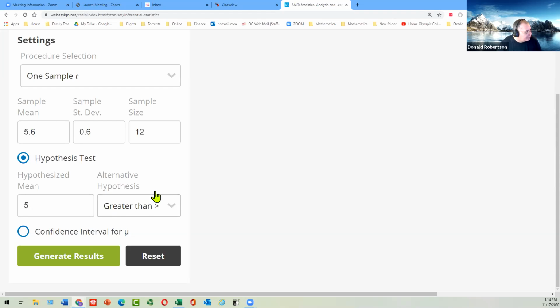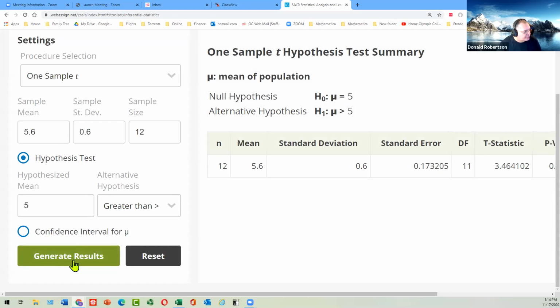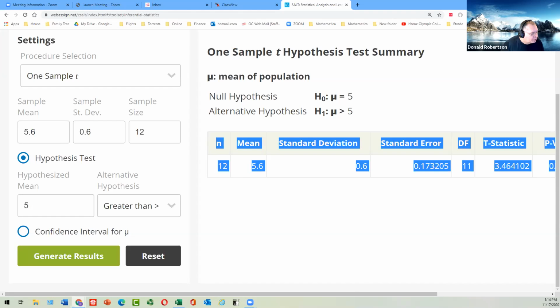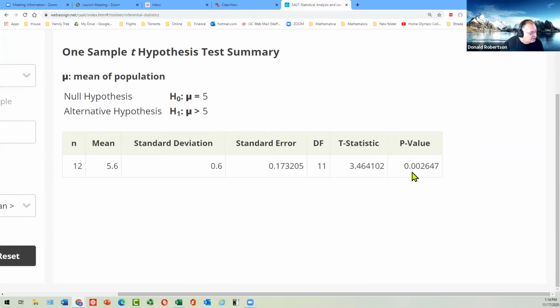We're good? Now, once you put all the information in, you hit generate results. And here are all sorts of things, but the only one that really matters is the p-value. So we have got what would have taken us 10 minutes to do last time. We can just write it down.